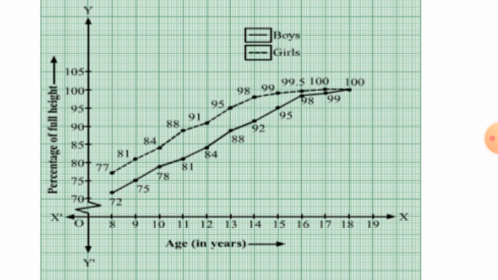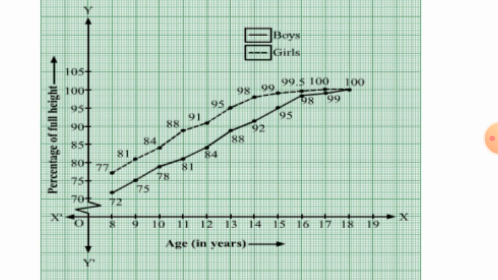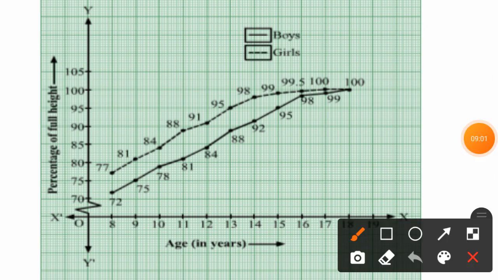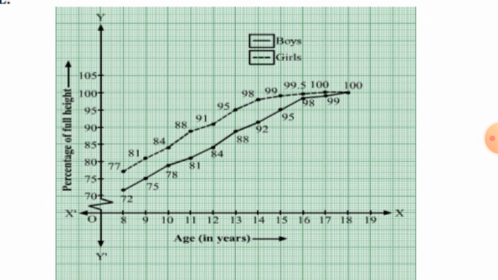Here on 8 it is given 72 for boys and 77 for girls. For 9 it is given 75 for boys and 81 for girls. So similarly, by making this graph we can join these points, and by joining we can represent this graphically.